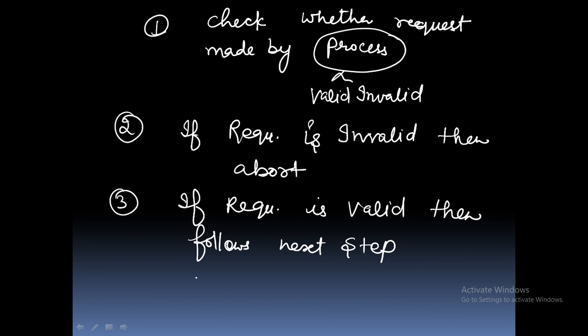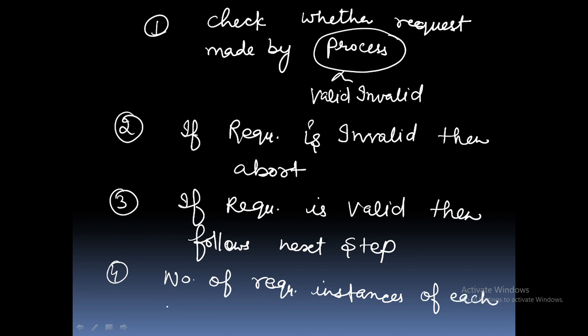In the next step, Banker's algorithm checks if the number of requested instances of each resource type is less than the number of resources available.